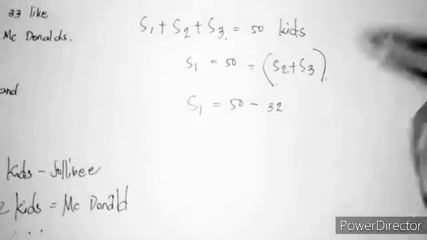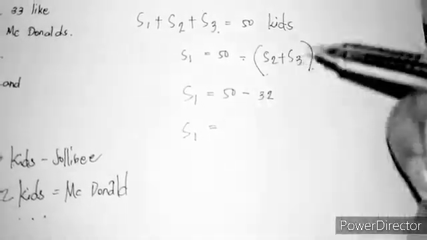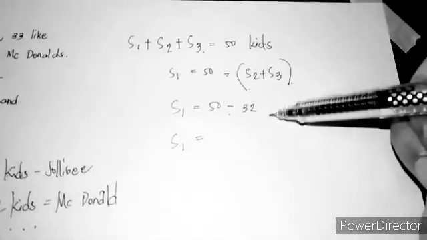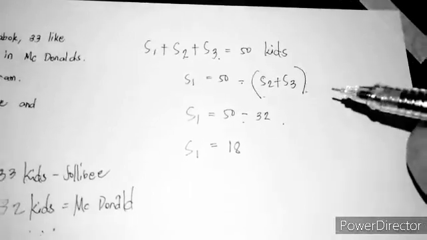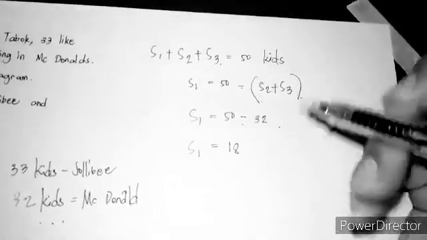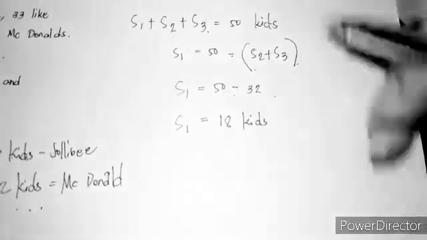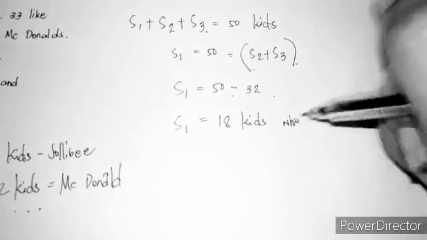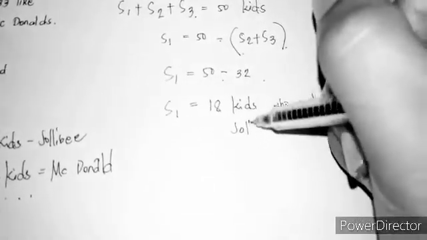So S1 is 50 minus 32, which is equal to 18. So there are 18 kids who eat in Jollibee only.